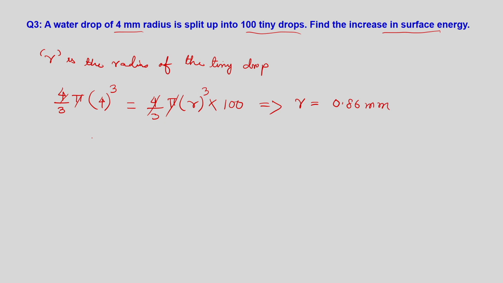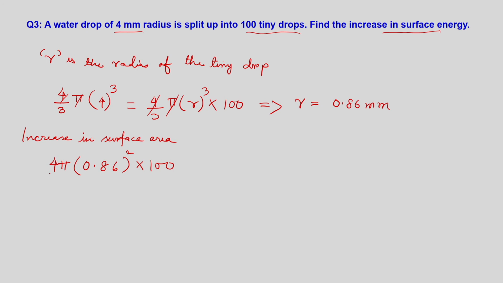So, what is the increase in surface area now? Increase in surface area will be nothing but, the initial surface area is 4 pi into 0.86 whole square into 100. Okay. So, this is the surface area of one particular droplet multiplied by 100.